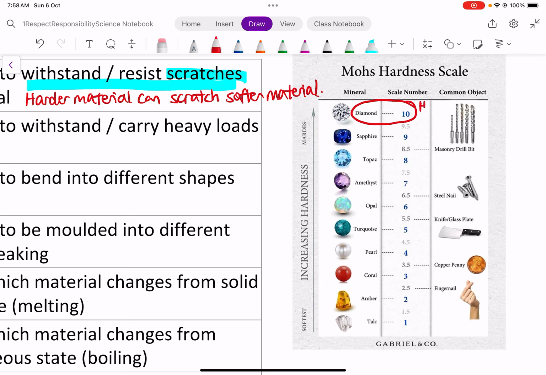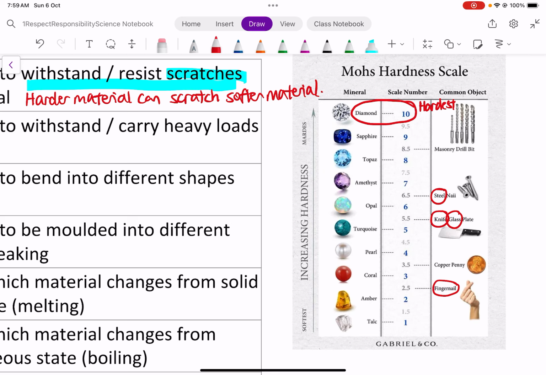This means that diamond is the hardest material. And therefore, diamond will be able to scratch materials that are softer than itself. Meaning, diamond can scratch sapphire. Diamond can also scratch fingernails, steel, knives, glass. Alright, so diamond being the hardest material can scratch other materials that are lower than itself in hardness.